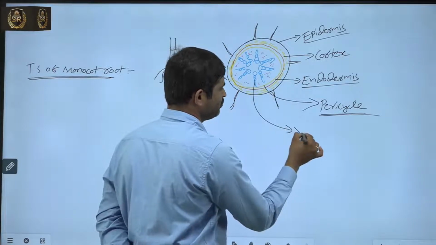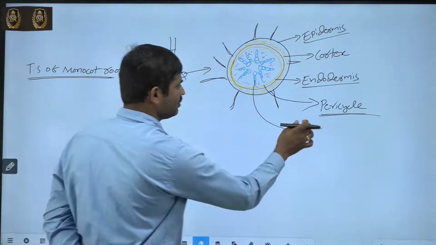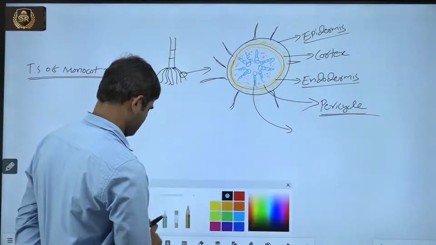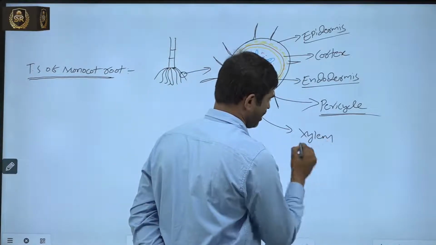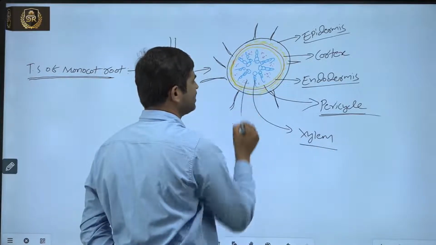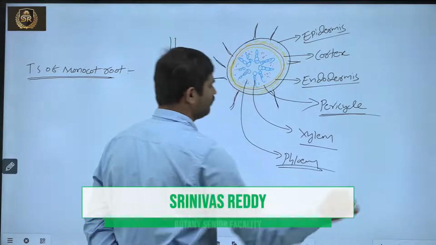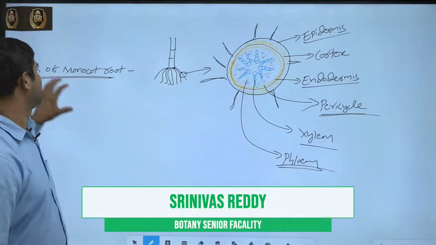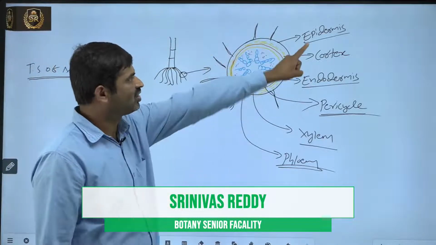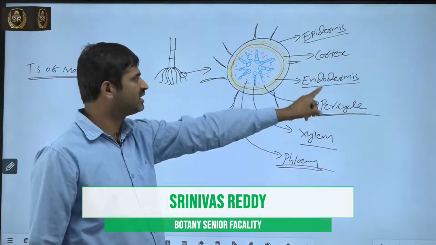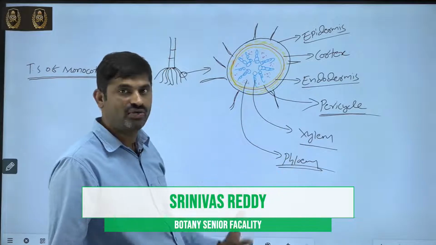This is xylem tissue, and this part is called phloem. So, transverse section of monocot root. This is a ground plan diagram. Outermost part epidermis, second cortex, endodermis, pericycle, and vascular tissues are present, xylem and phloem.